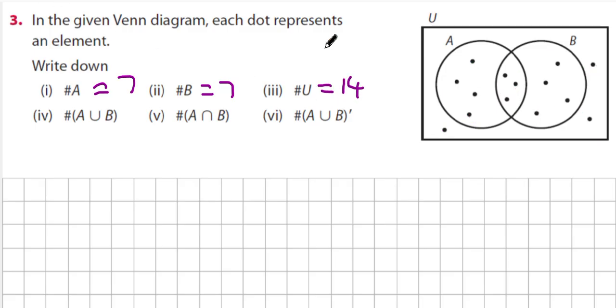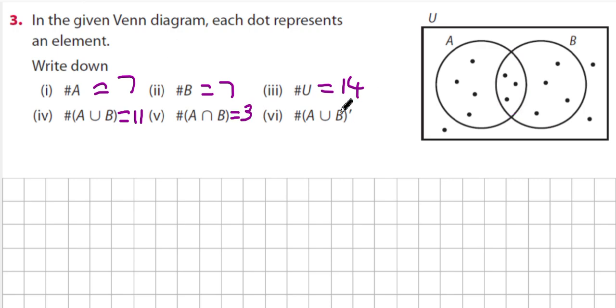Okay. Now, A union B means the two circles. That's A union B. How many dots in there? Anybody else count 10? Or sorry, 11. My bad, 11. Okay. A intersection B is the middle, which is 3.